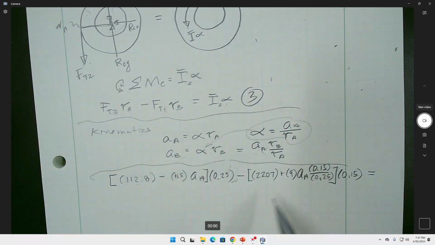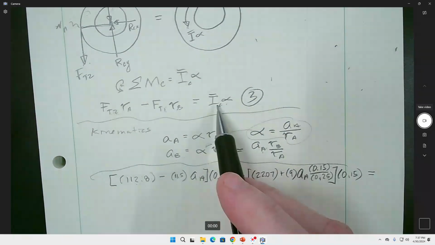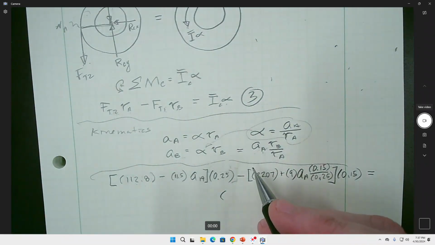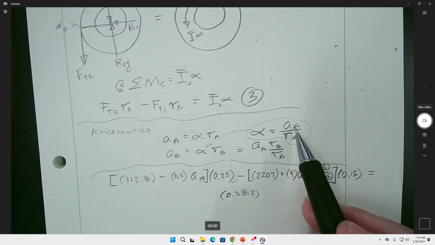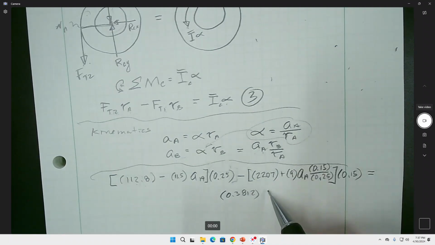The other side is fairly easy. We're going to take the I that we found at the very beginning, 0.3812, and multiply by alpha, but we want A, the acceleration of A. So we'll go acceleration of A divided by RA, 0.25.